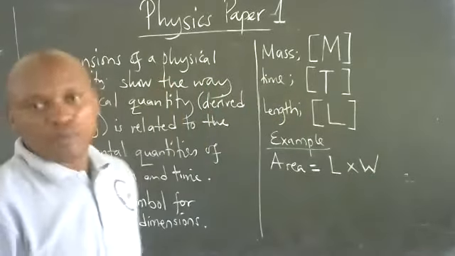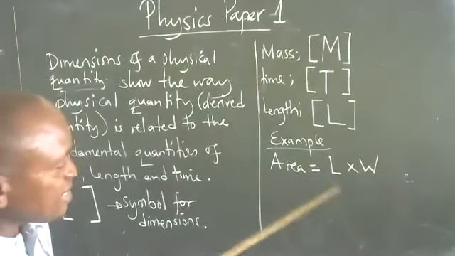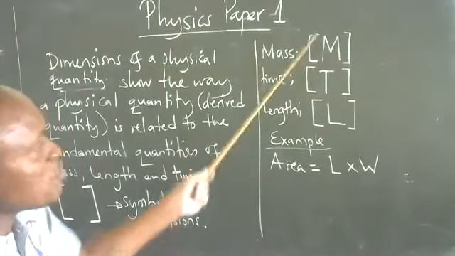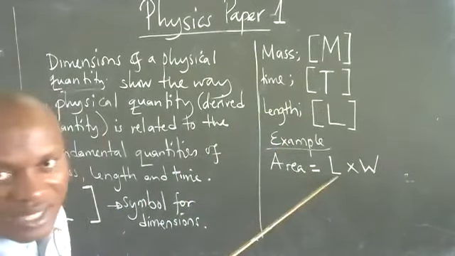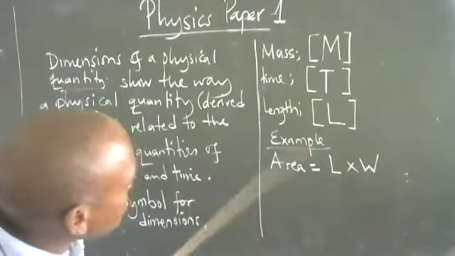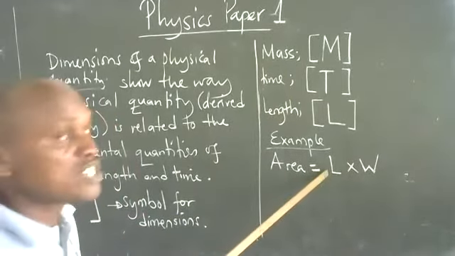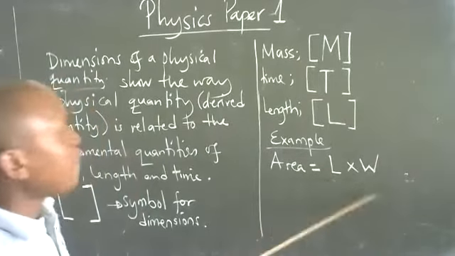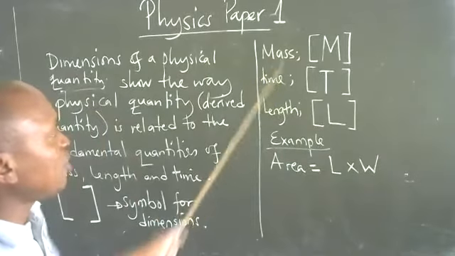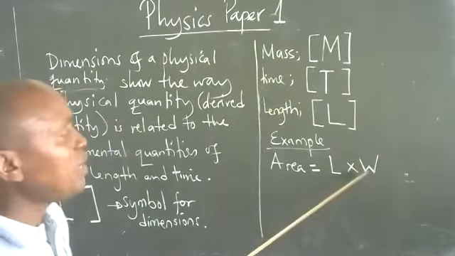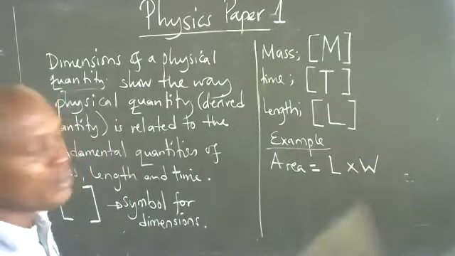Now, when you look at length times width, we want to write these quantities in terms of these three. Where there is length, because length is part of our theory, this will remain as length, and its units are meters. But where there is width, here I have mass, time, length. I don't have width. So how will I write width as regards to these three?